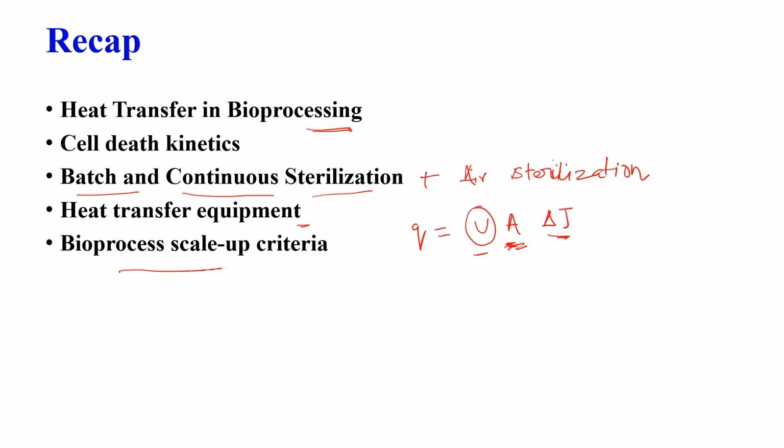And followed by that we discussed another topic, that is bioprocess scale up. Here we translate the lab scale result to the production scale, from lab scale to pilot scale, then to production scale. There we try to maintain geometrical and hydrodynamic similarities.